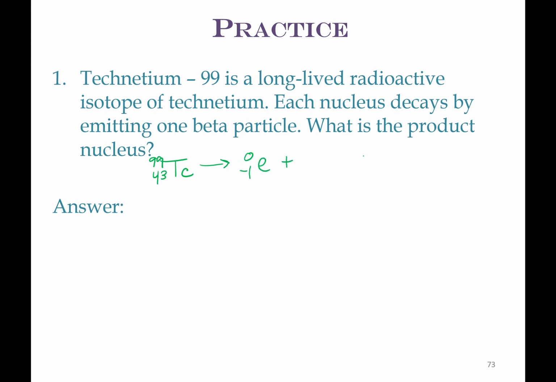What is our other product? Well, 99 minus 0 is 99, and 43 minus negative 1 is 44. So what's the product? It's going to be ruthenium-99. I put the wrong answer there in my little thingy here, but this is the right answer.